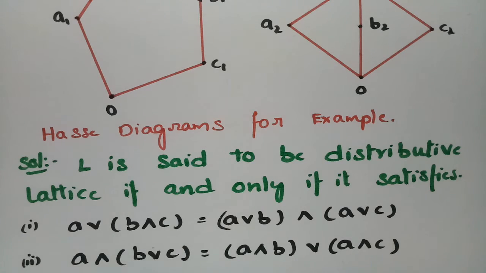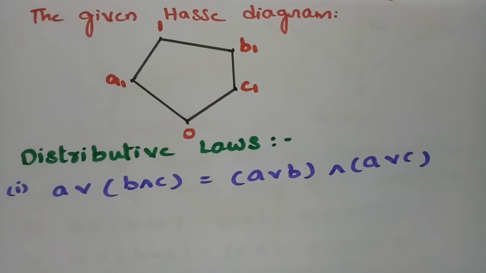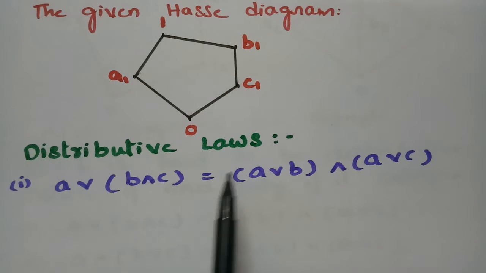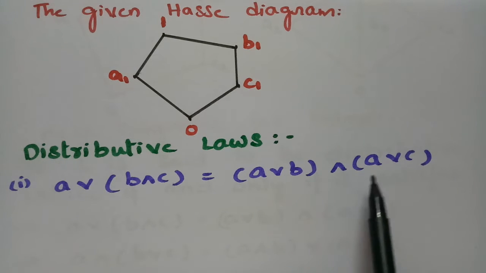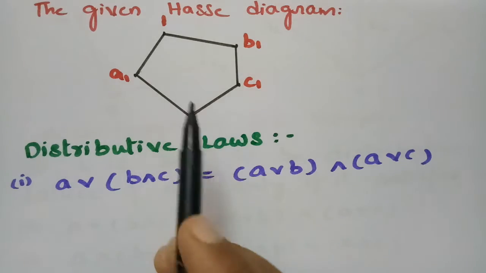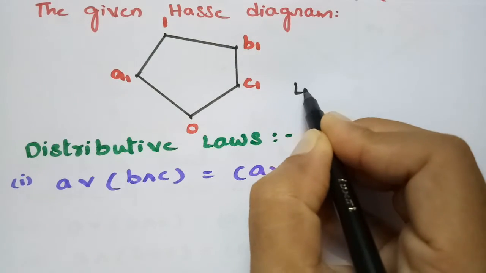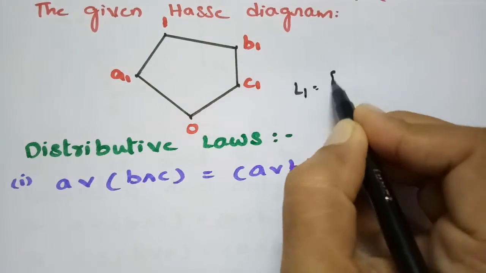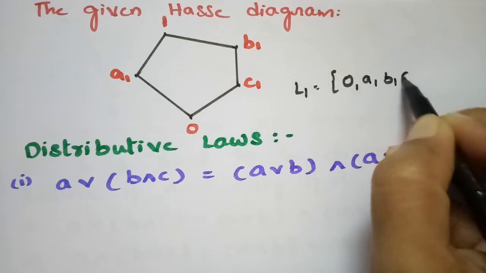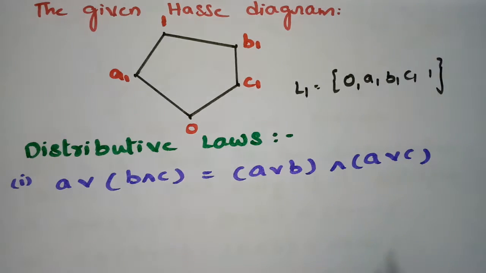Coming to the first question, the given Hasse diagram is shown here. The first distributive law is A join (B meet C) is equal to (A join B) meet (A join C). First of all, I am taking the elements from the given lattice. Here the lattice L1 contains the least element 0, A1, B1, C1, and again the greatest element 1.